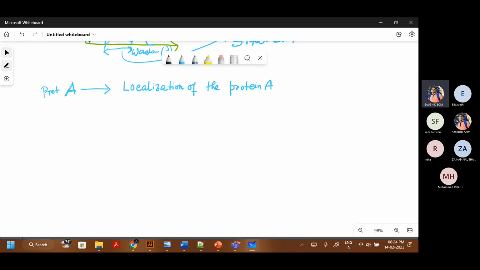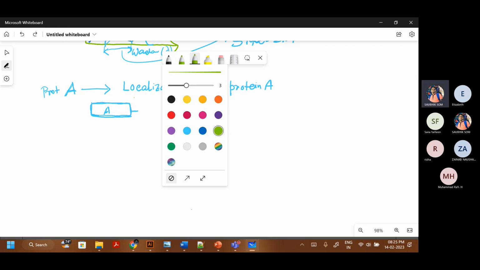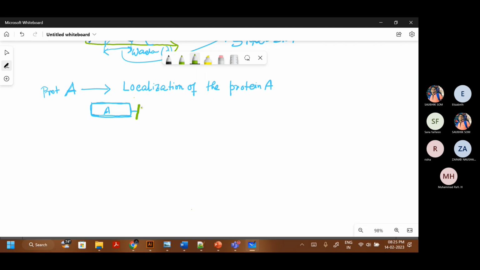What I can do is have a DNA construct with the DNA sequence of protein A, and I can tag this same protein with a fluorescent protein, which is a very famous protein, GFP.